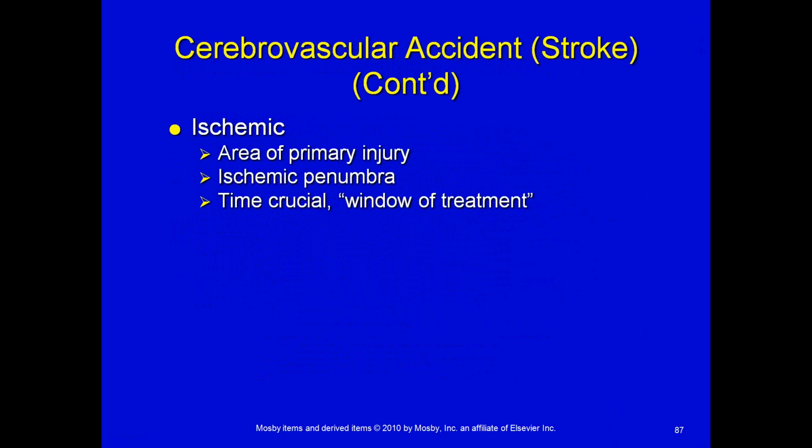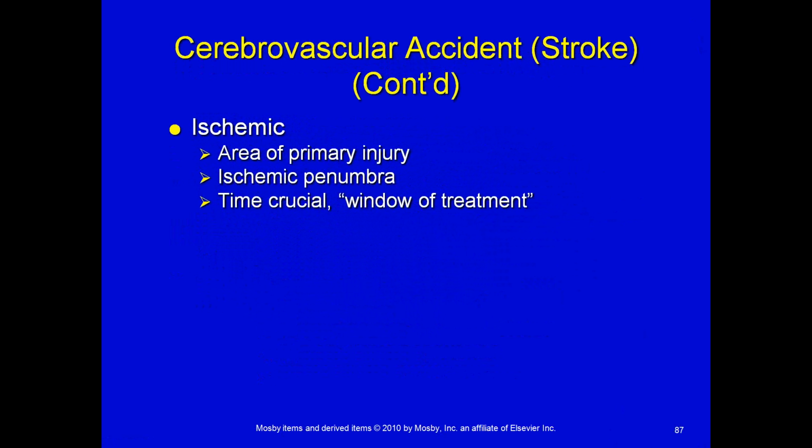It's very unstable, and if we can restore blood supply to that penumbra, then the brain cells don't die. And this requires the administration of a fibrinolytic for non-hemorrhagic stroke within a very narrow window of opportunity.